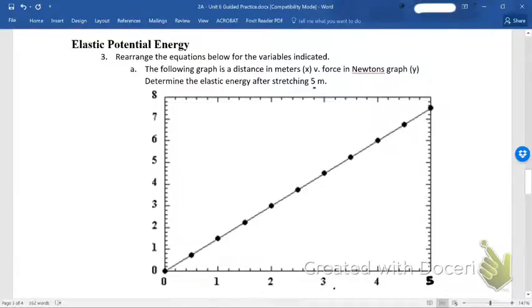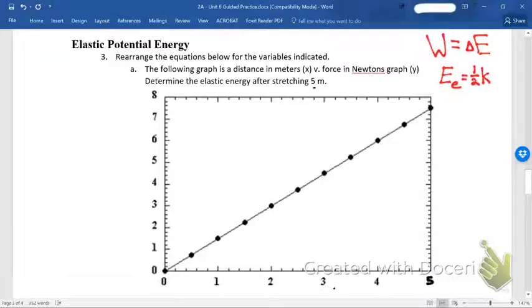In this section, we're talking about elastic potential energy. Once again, this type of energy is potential because it has the potential to do work, and we're still using the work energy theorem, so work could be a change in energy, and that work could be a change in elastic energy if it's done something like to stretch a rubber band or compress a spring or something of that nature. My elastic potential energy is equal to 1/2 k x squared, where k is that spring constant.